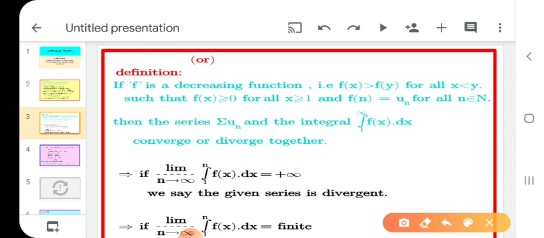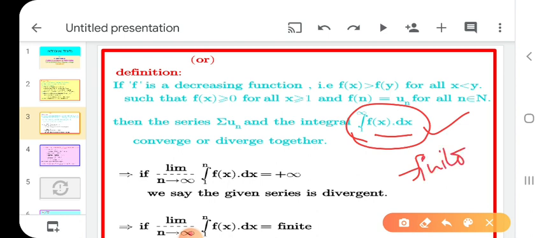When we use the integral test, first the function is decreasing and the series has all non-negative terms. Then we take the integral from 1 to infinity. We find the value of integral f of x dx. If the value is finite, meaning any real number, we say it is convergent. Or the integral value is plus infinity or minus infinity. Here we get only plus infinity.